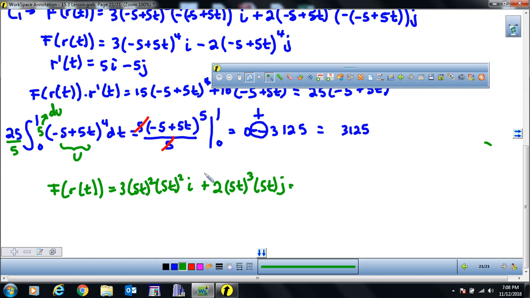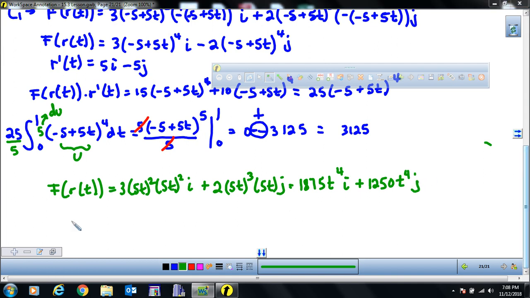This gives us 5t to the fourth power, which is 625 times 3 in the front, which is 1,875 t to the fourth power, plus 5t to the third times 5t would be 5t to the fourth power, which is 625t to the fourth times 2, 1,250 t to the fourth power j.